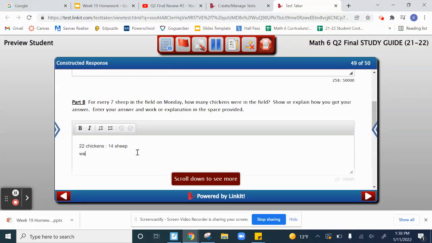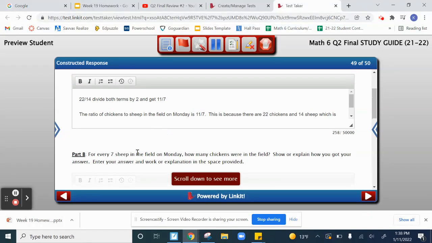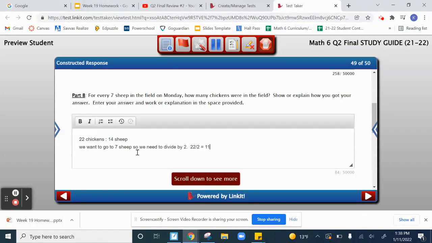So we want to go to 7 sheep, so we need to divide by 2. 22 divided by 2 is 11. Actually, we already discovered this in the first part, but that's a coincidence. So to go from 14 sheep to 7 sheep, we divide by 2. So 22 chickens divided by 2 is 11 chickens. So for every 7 sheep, there are 11 chickens.